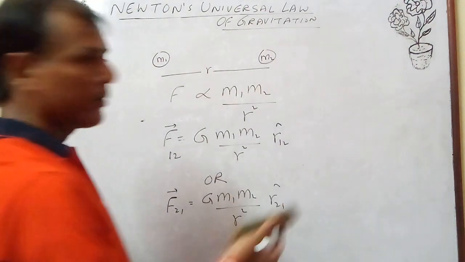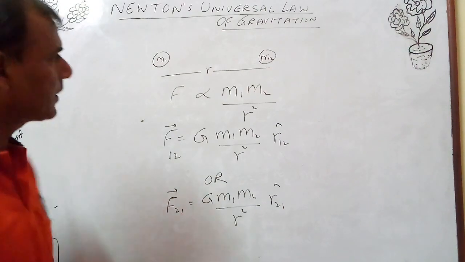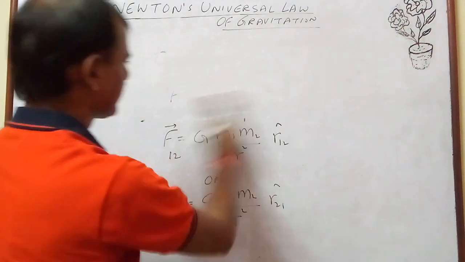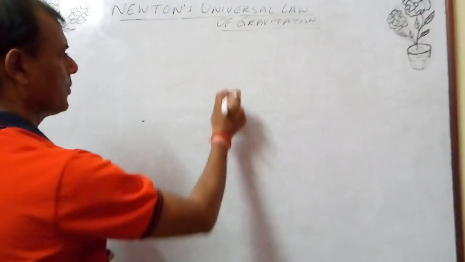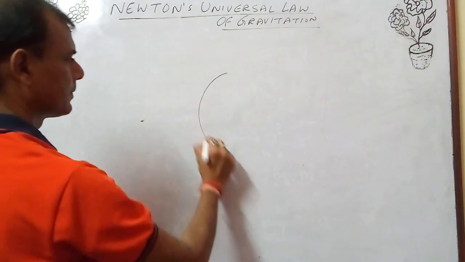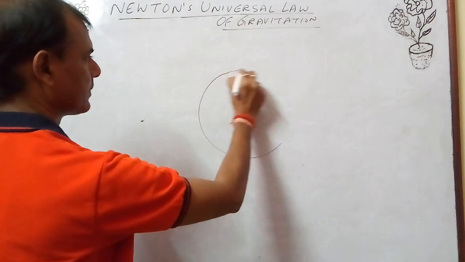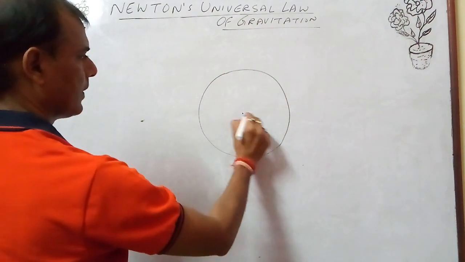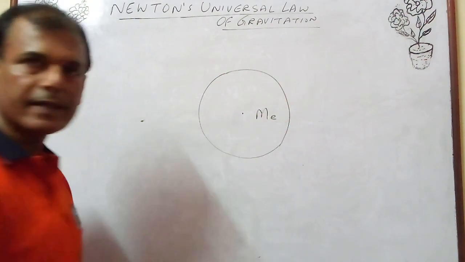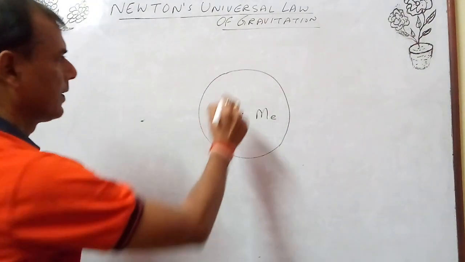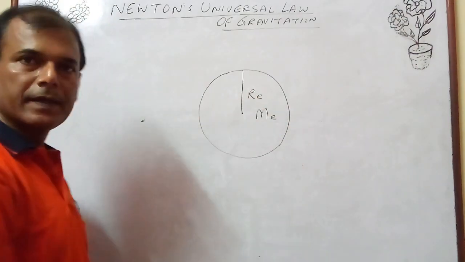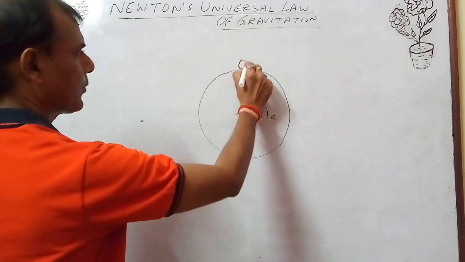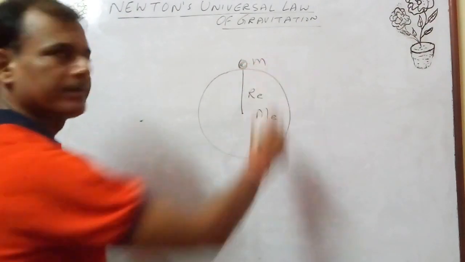Now, taking the example of Earth and any object on the surface of Earth. Suppose this is your Earth. Its mass is ME, the mass of Earth, and its radius is RE. Any object on the surface of Earth, suppose its mass is small m.